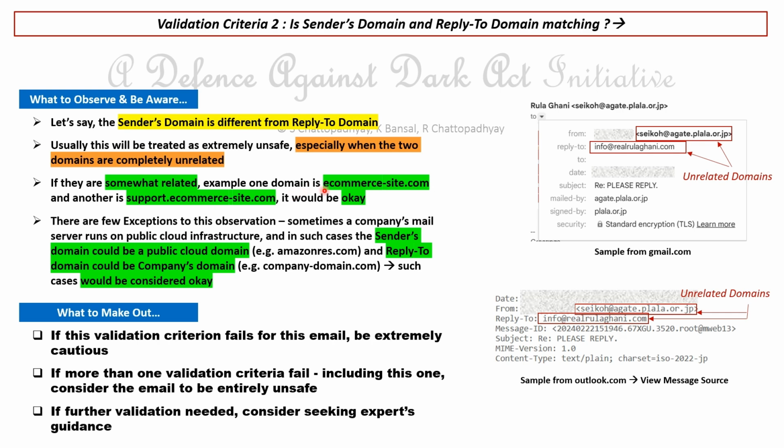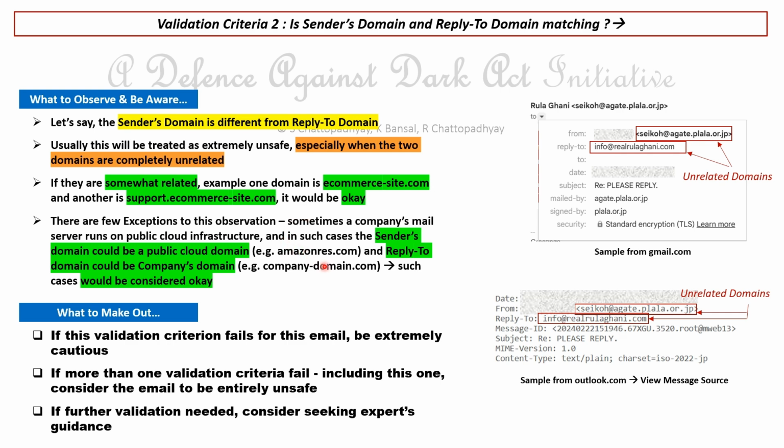But at least these two are related because ultimately it's all ending at ecommercesite.com domain. So support.ecommercesite.com and ecommercesite.com will be considered related. And if that is the only difference between the sender's and reply to domain, we'll probably not consider those as anything to flag off.